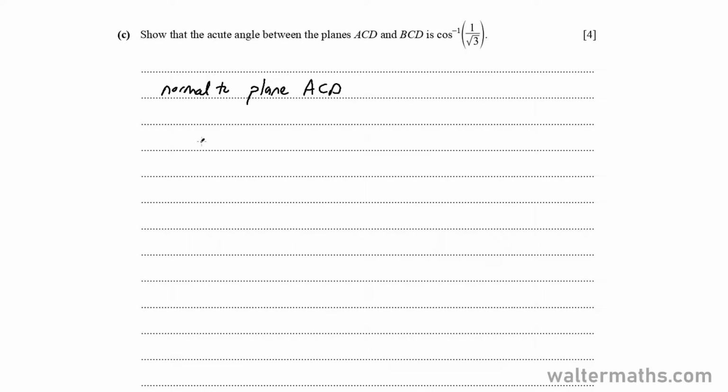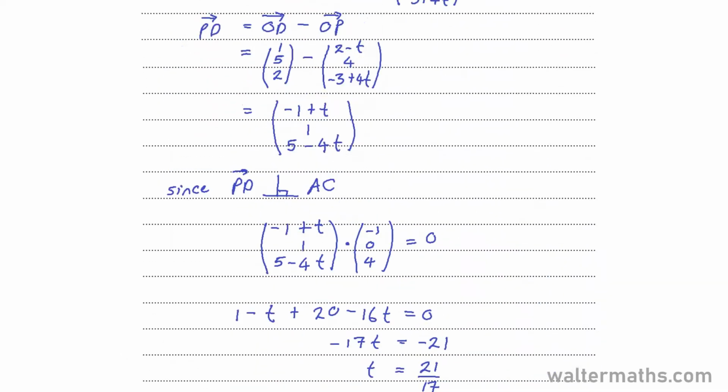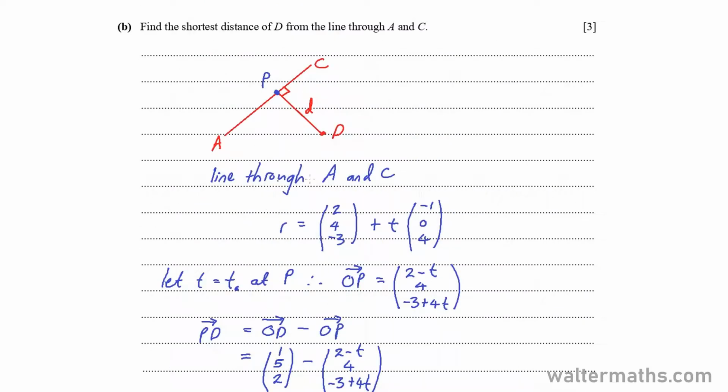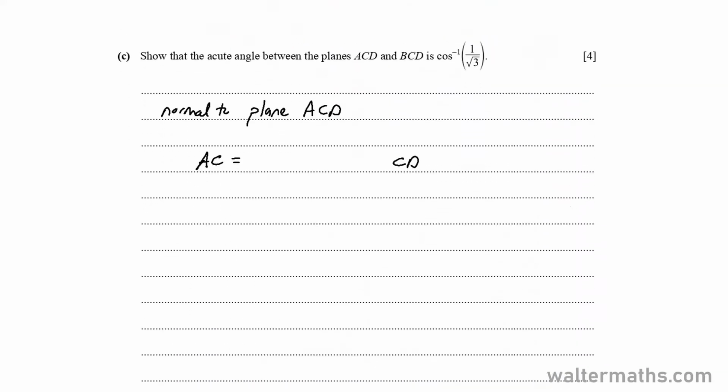So for this one, we'll need to find AC and CD. Now AC, we got it already right above on part B as the direction of the line through A and C. So that's minus 1, 0, 4. So we have minus 1, 0, 4 here.